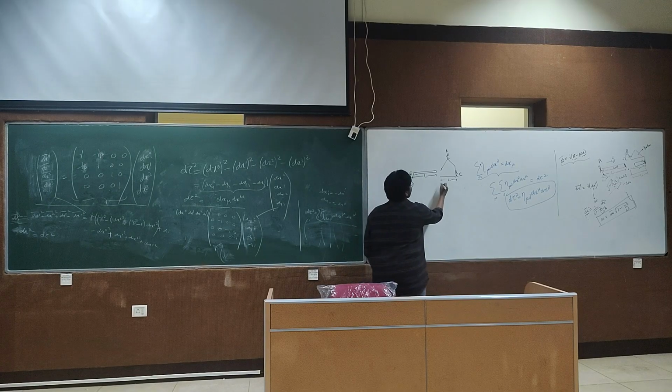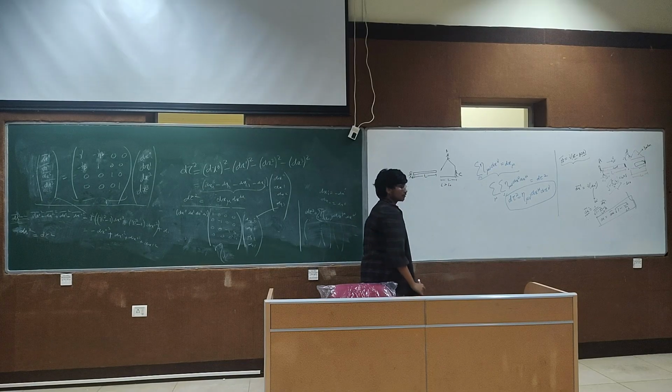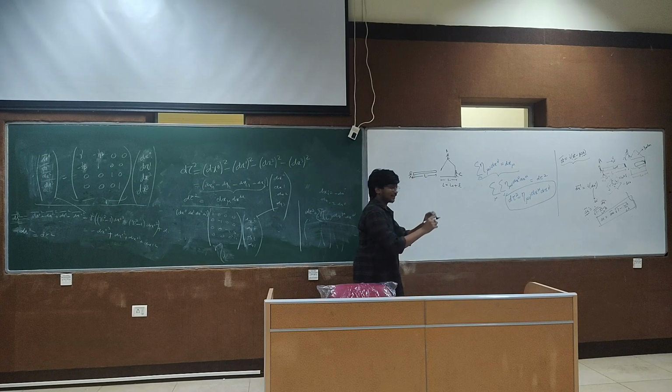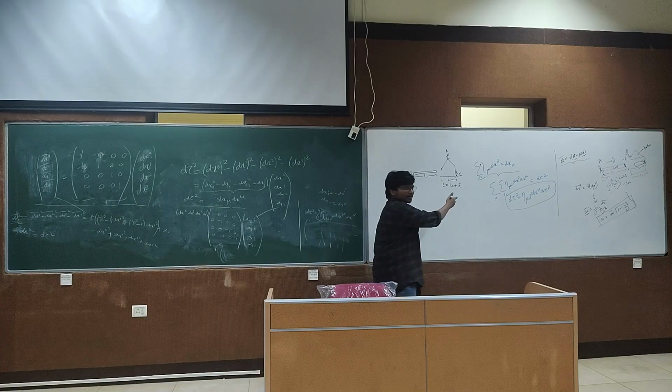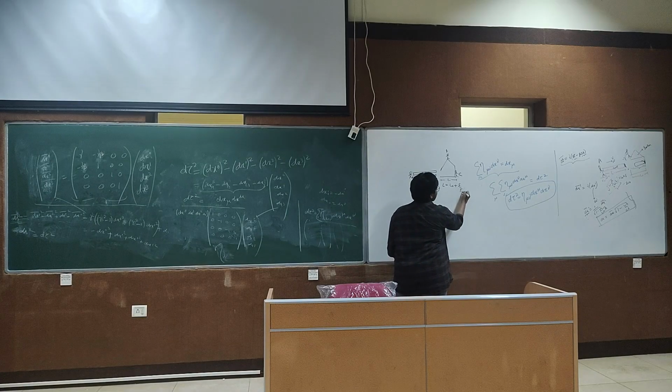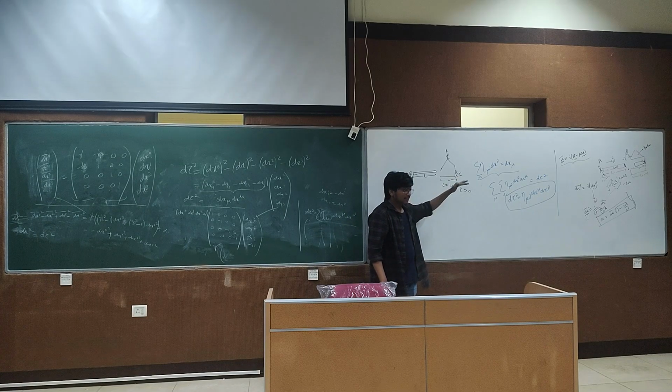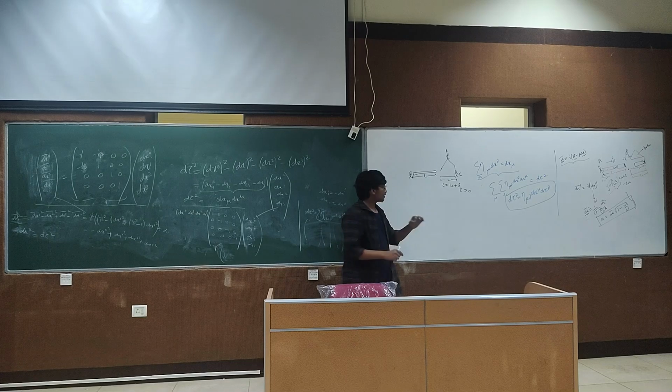Now I claim that L is greater than L0. Let's say L equals L0 plus some epsilon. It can be an arbitrary length, epsilon greater than 0. Now the person C says that when the rod moves with respect to the barn, the length of the rod should reduce with respect to the original length.